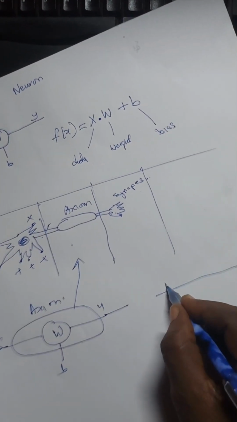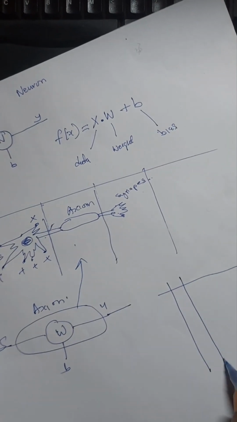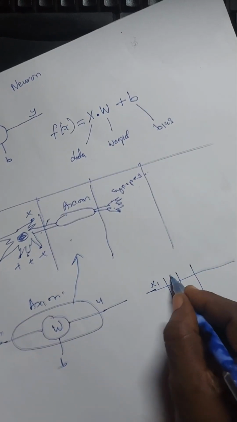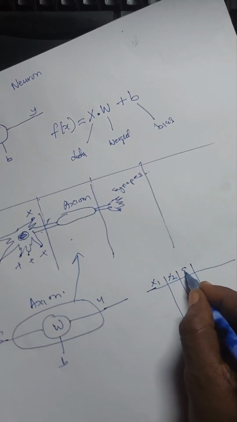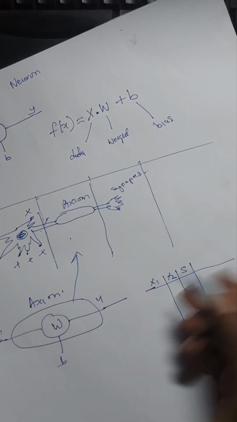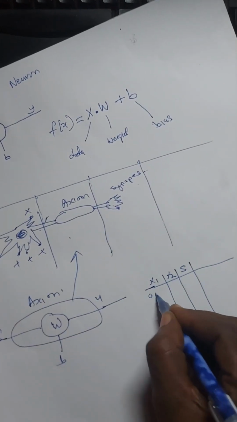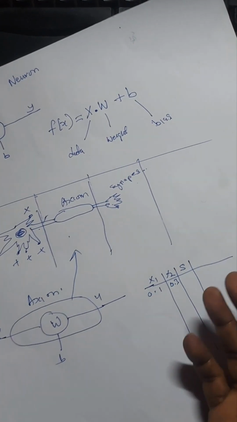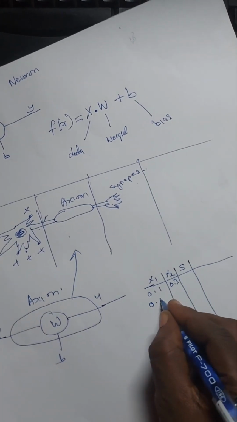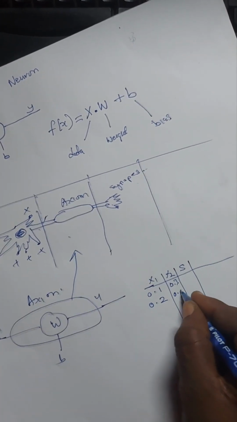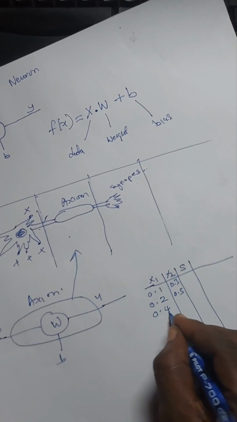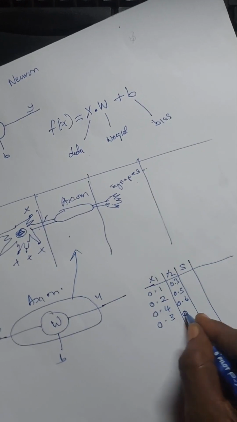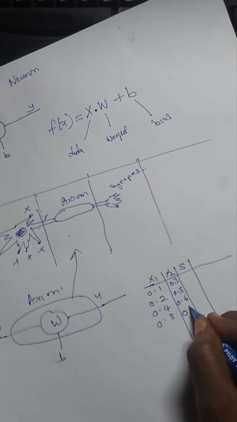Let's draw a simple table, and we have x1, x2, signal, and let's put some data to represent: 0.1, 0.3; 0.2, 0.5; 0.4, 0.6; 0.3, 0.2.